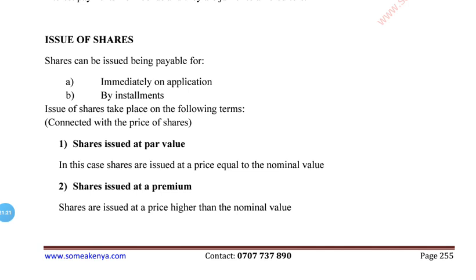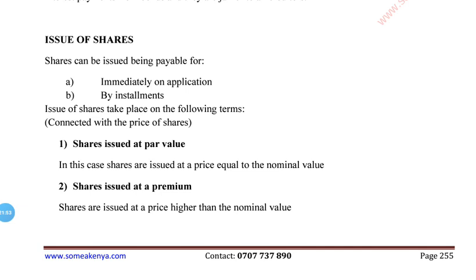But for some shares, the articles of association may allow a company to sell its shares on installment basis. Installment basis meaning on the date of application you pay some amount of application. In case the market price of a share is 20 bob, you may be told to pay 2 shillings during application.